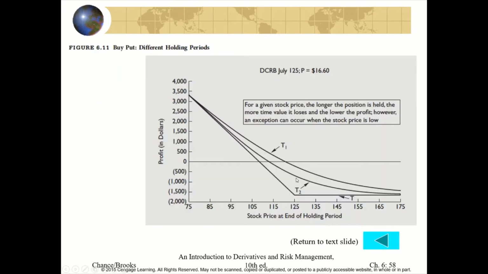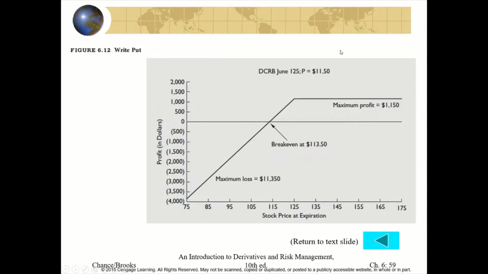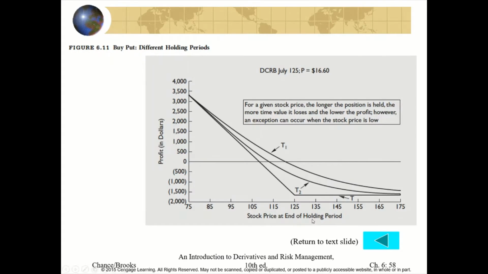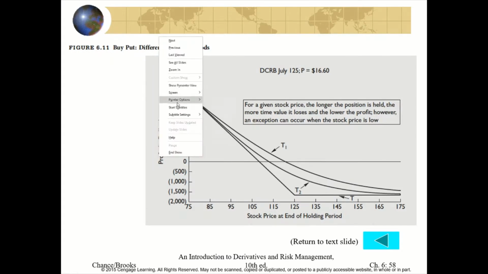What's the effect of keeping the put option for different holding periods? As we did in the case of the call option, the same idea applies here.